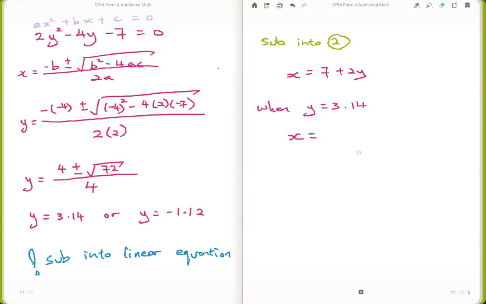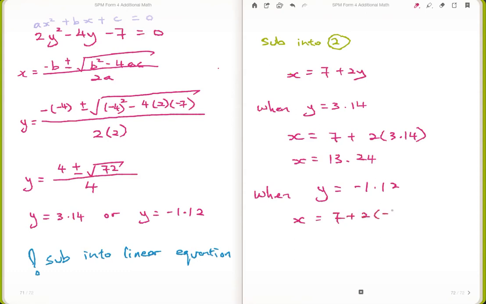Maybe I show you the working. 7 plus 2 times 3.14. So therefore my x would be equal to 13.24. Then when y is equal to negative 1.12, my x would therefore be 7 plus 2 times negative 1.12.